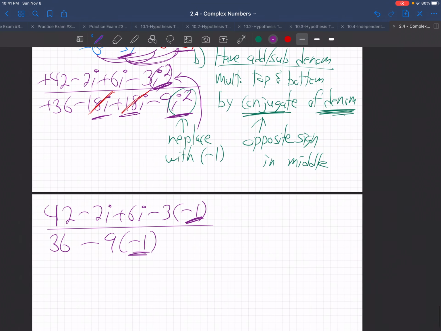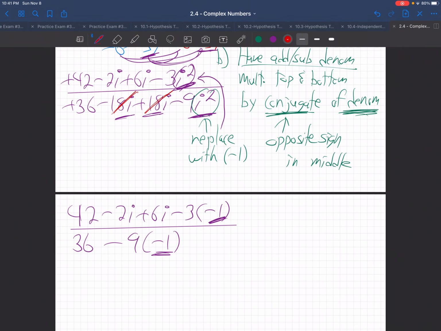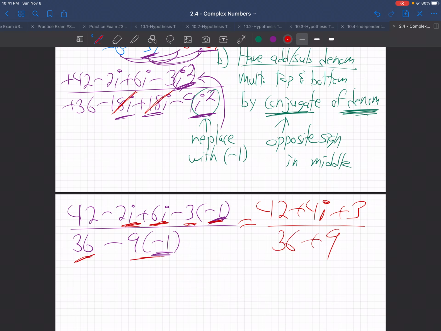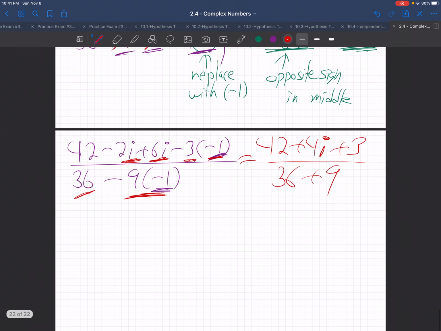All right. Now we're getting closer. Now we go 42, and then minus 2i plus 6i, plus 4i, minus 3 times minus 1, plus 3, all over 36 plus 9, because these two negatives multiply to be plus 9. And that is 42 and 3, 45 plus 4i over 45.